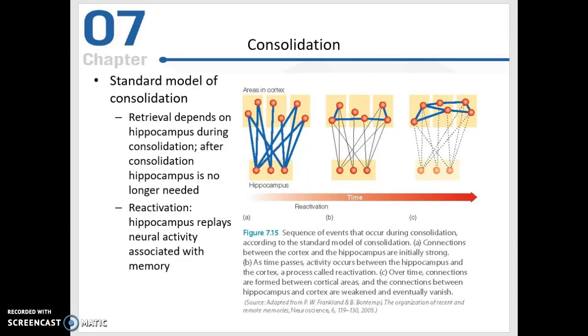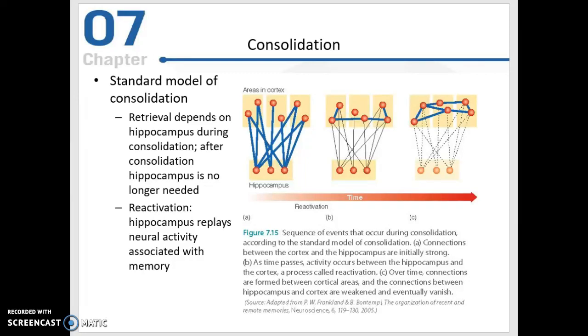This now is what we're looking at for the systems level. And the standard model of consolidation involves, first, if you look at the illustration where it says areas of cortex and hippocampus, there are lots of connections between the cortex and the hippocampus. And so we know from many different studies that the hippocampus is involved in the initial encoding of memories into long-term memory.